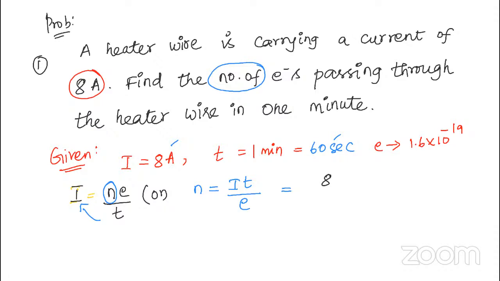So here 8 into 60 divided by 1.6 into 10 power of minus 19. For the I value it is 8, the T value it is 60, and the E value it is 1.6 into 10 power minus 19. Now solve the calculations and tell me what answer you get.